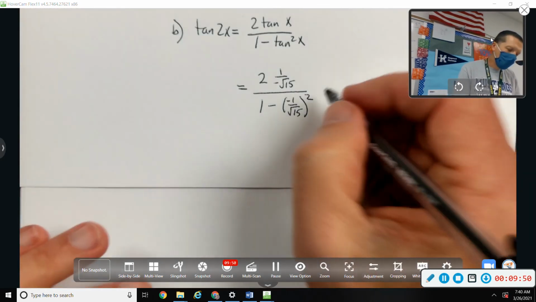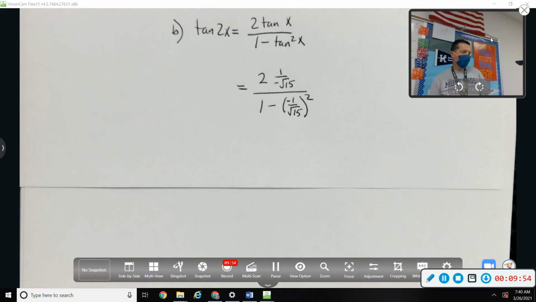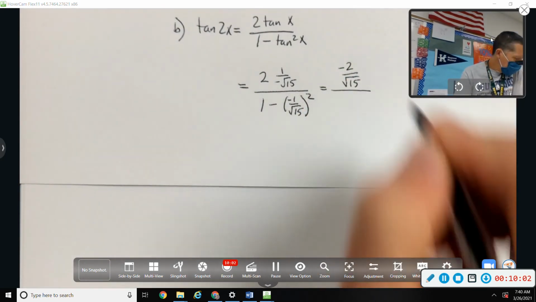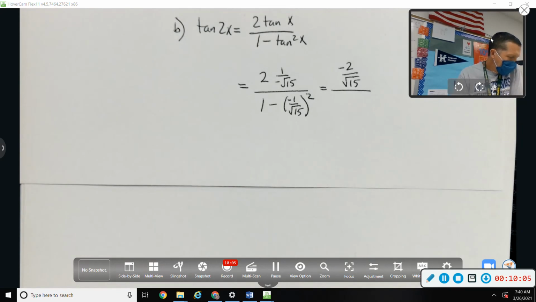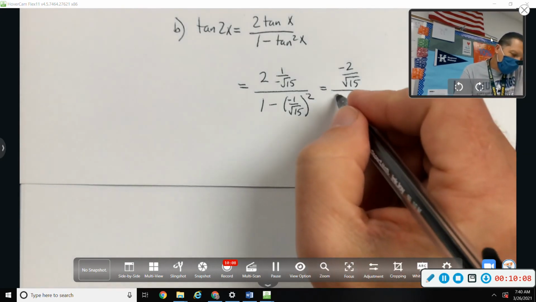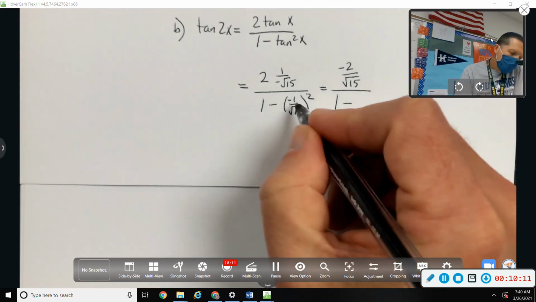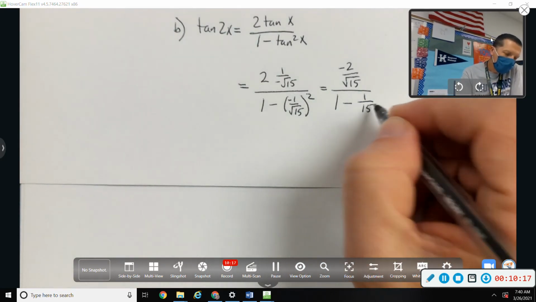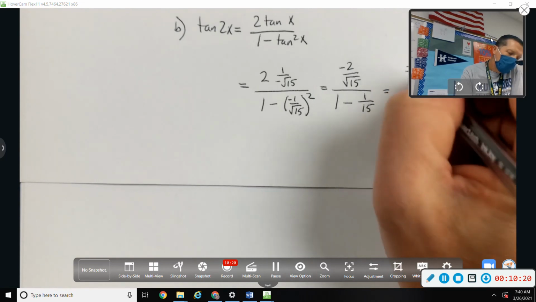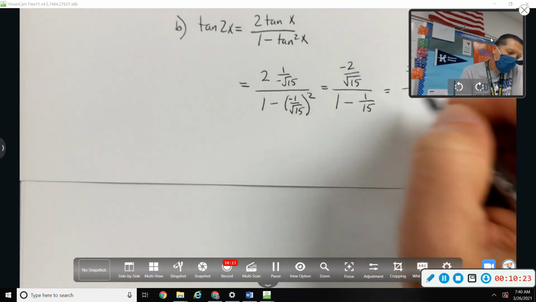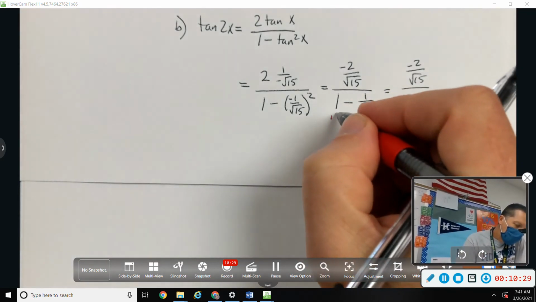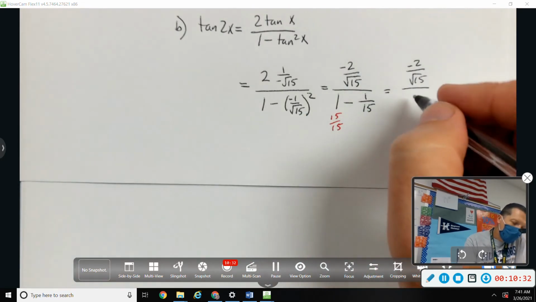Well, I guess as usual, tangent has to be the goofy one here. So in the top, I get negative 2 over square root of 15. On the bottom, I get 1 minus. So if I square negative 1, I get 1. If I square root of 15, I get 15. 1 minus 1/15. Well, you can get a common denominator, or maybe you just know what it is. 14/15.